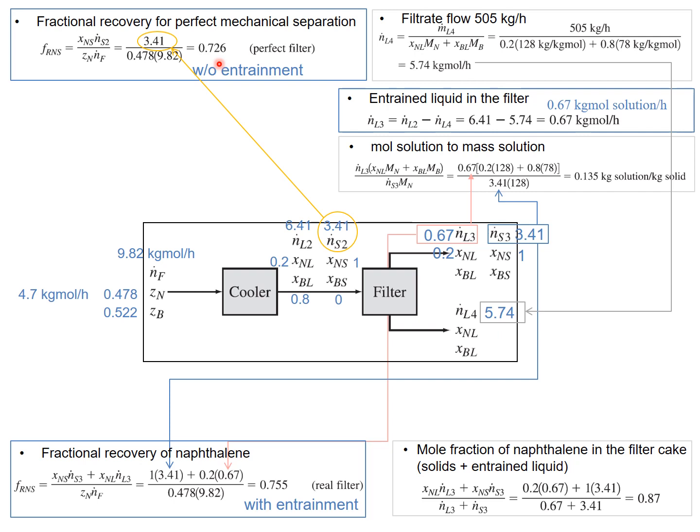Then you could calculate the purity for the top output stream, and that is 87%. So recovery increased with purity decreasing when there is entrainment here.